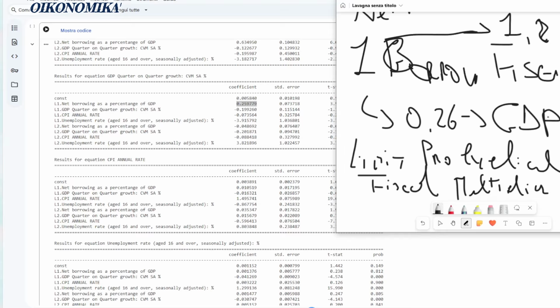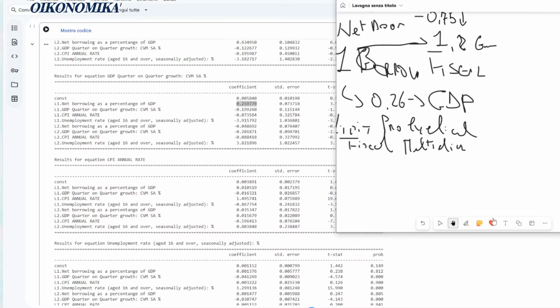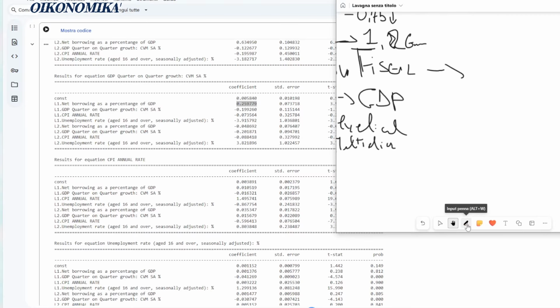But we know that with borrowing, fiscal liquidity, there is another thing which is very interesting. Why doesn't fiscal spending work? Because if I am borrowing 1 billion in fiscal, and I want to do fiscal spending, the government borrows 1 billion, but later on, the government expects to tax it.